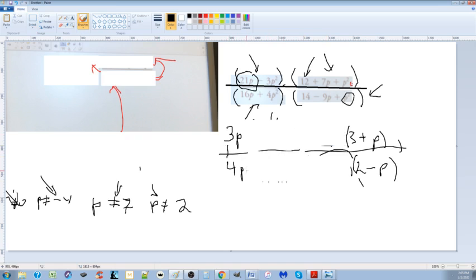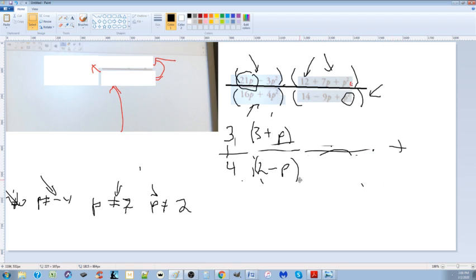These 4 and 3 can't be nullified, but we got a p and a p. They divide each other out to 1, so we simply get rid of them. And we're left with 3 plus p at the top, and 4, 2 minus p at the bottom. Rewriting it nice and neat, and I know I'm not very nice and neat, is simply like this: 3 plus p, 4 divided by 4, 2 minus p.